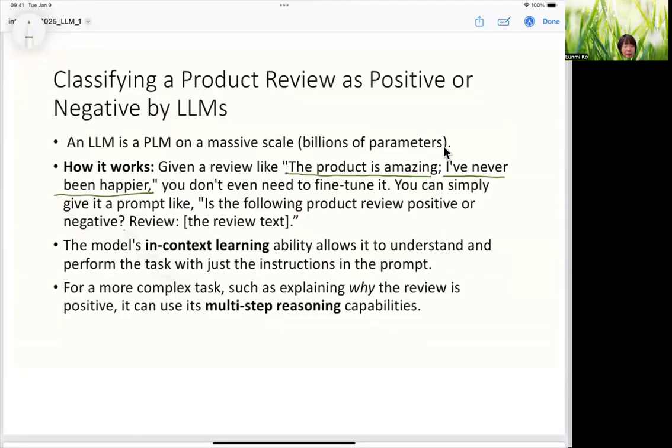And just do a command, review, and give the actual sentence. Then the model will learn from the context, and it will understand and perform the product review analysis by the instruction itself. It is called in-context learning, or few-shot, or especially zero-shot learning.